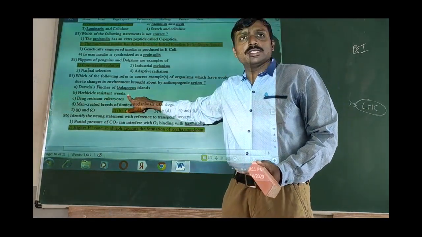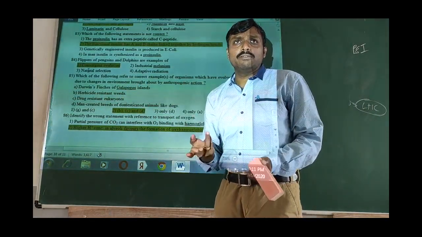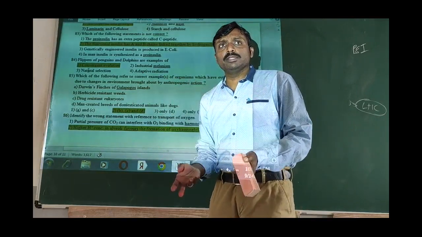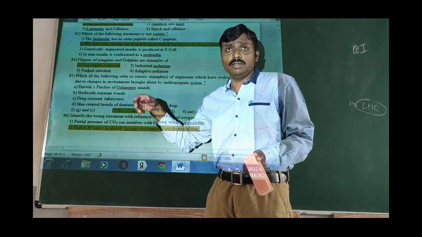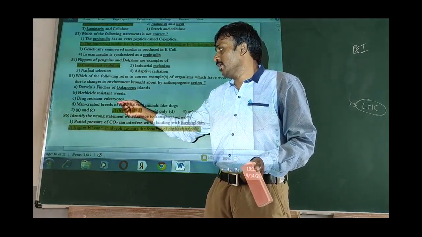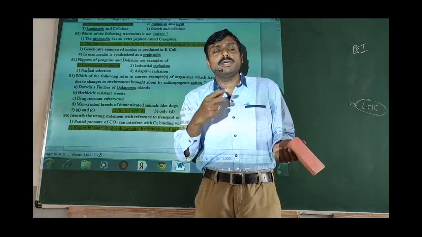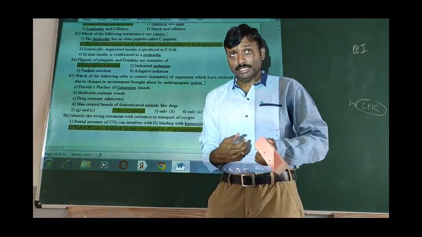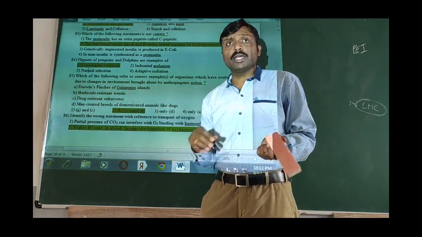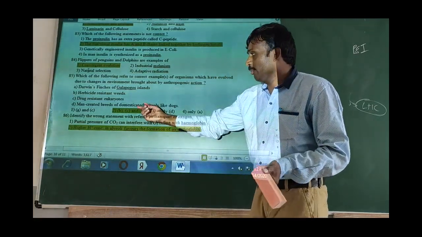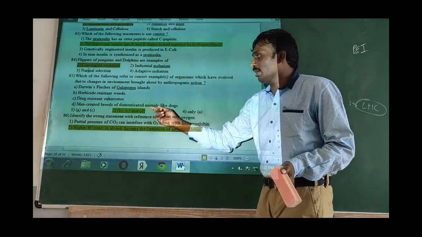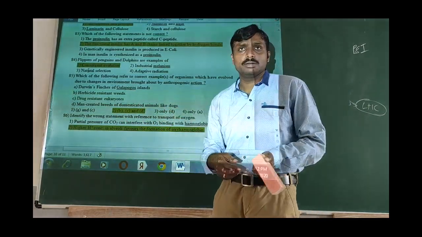Herbicide resistant weeds. So this is an evolution. If we keep on using herbicides, after some time herbicide cannot act on weeds. In the same manner, drug resistant eukaryotes. If we keep on using drugs, what happens? Eukaryotes will get resistance against drugs. In the same way, man created breeds of domesticated animals like dogs.